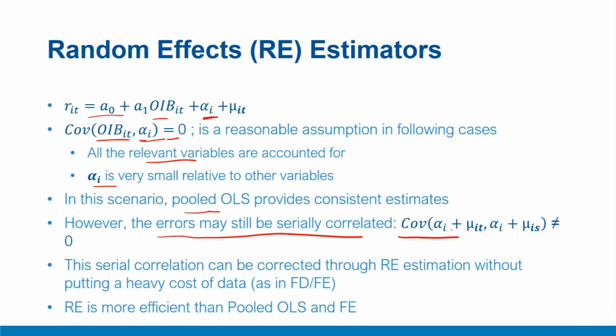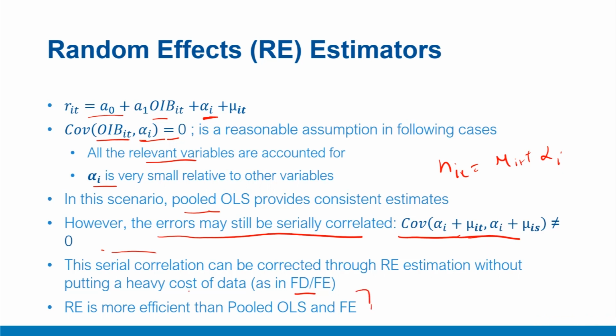For example, this issue of correlation between the revised error terms, that is eta it, which was the original error term mu it plus alpha i, may still be there. So error terms may still be correlated across time, and therefore serial correlation may exist. But please note that the serial correlation can be easily corrected through random effects transformation without putting a heavy cost on data with transformations such as first difference or fixed effect.